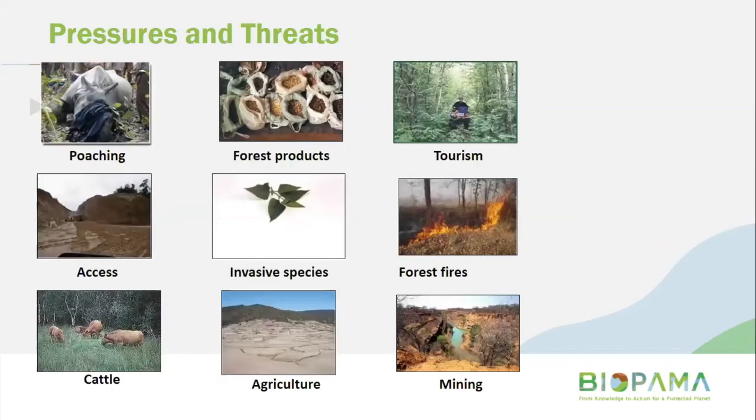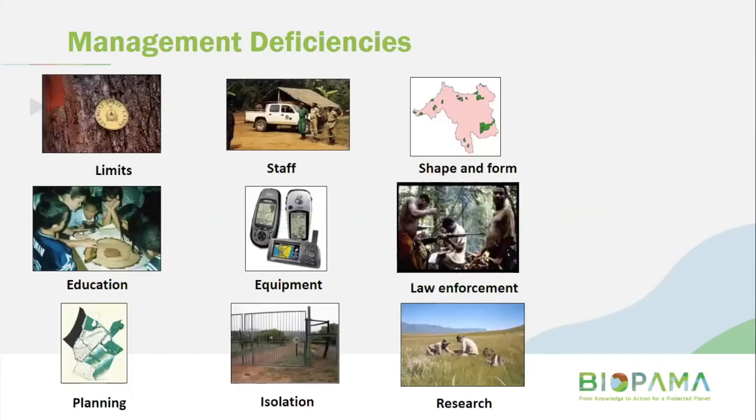And protected and conserved areas have pressures and threats that they have to face on a daily basis, and also management deficiencies that cripple or limit the successful conservation results that we are seeking.